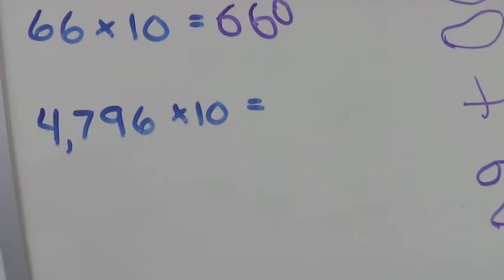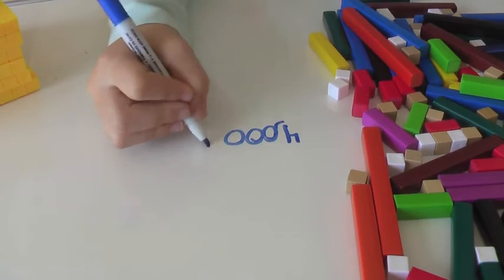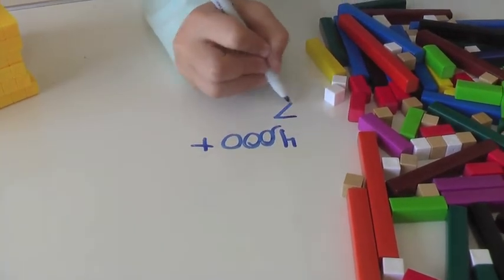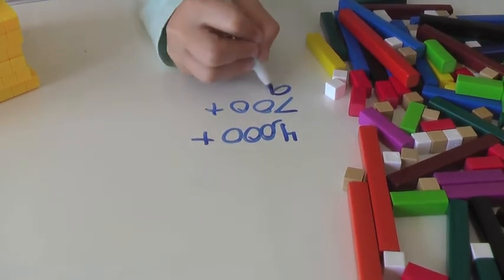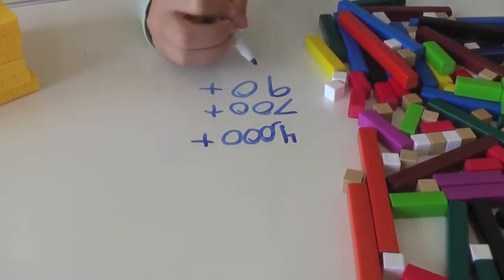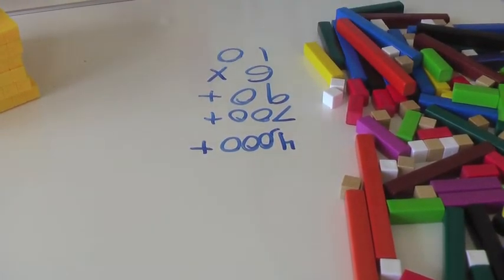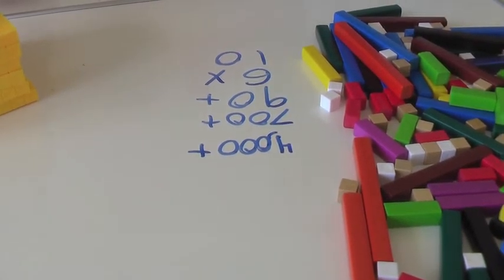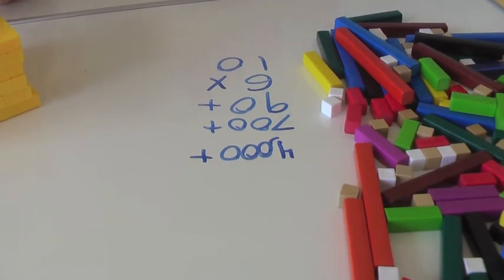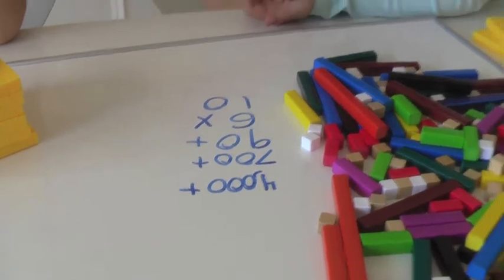You haven't worked too much on place value of these higher numbers. So 4,000 plus 700 plus 90 plus 6 times 10, which is 4,796 times 10. Okay, so how are you going to get the answer?